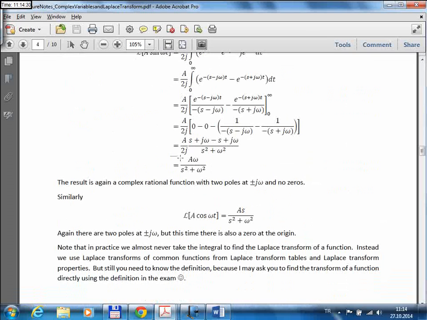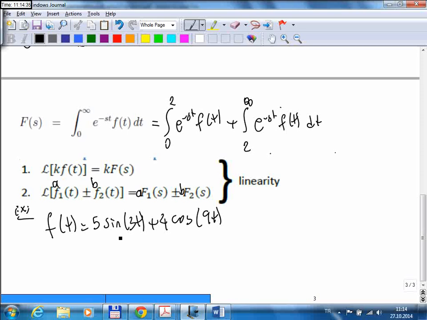So we know that the transform of sine t is this, and cosine function is this. So all you need to do is just combine them here, and the transform will be obtained. So you don't need to take the integral using this function.